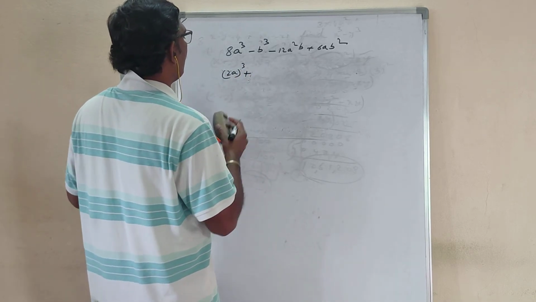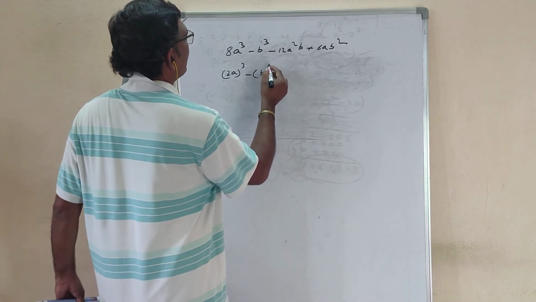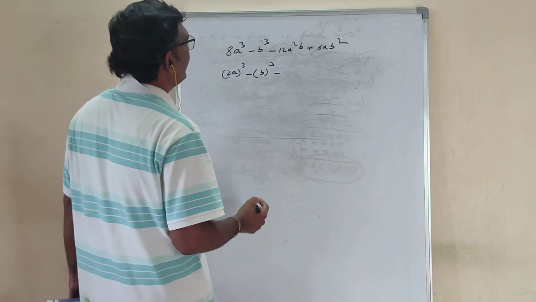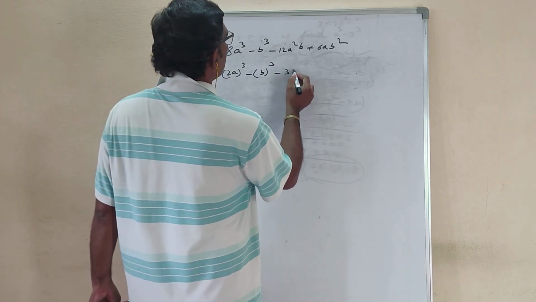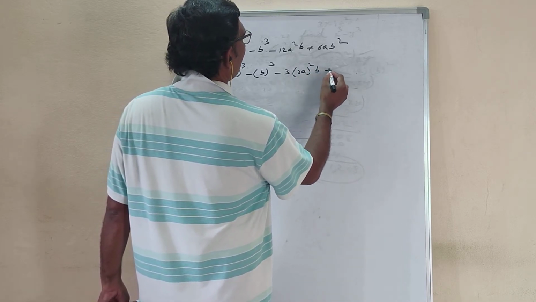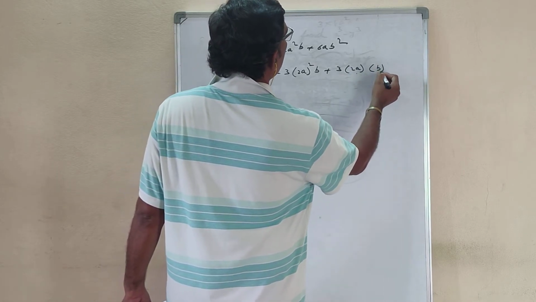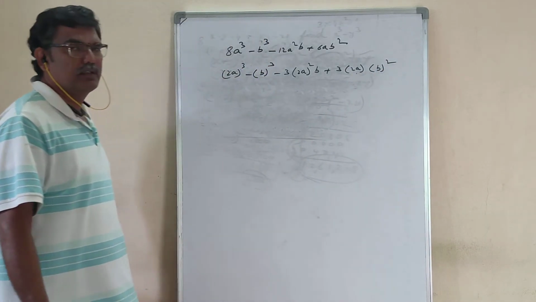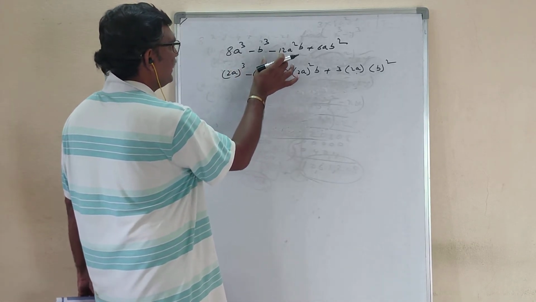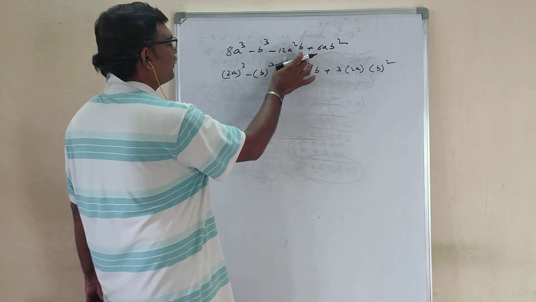So this is how I have to write: minus, write down b cube, okay, minus 3a square b, plus 3ab square. So if you see, this and this are the same. If you expand, you are getting this as this question.